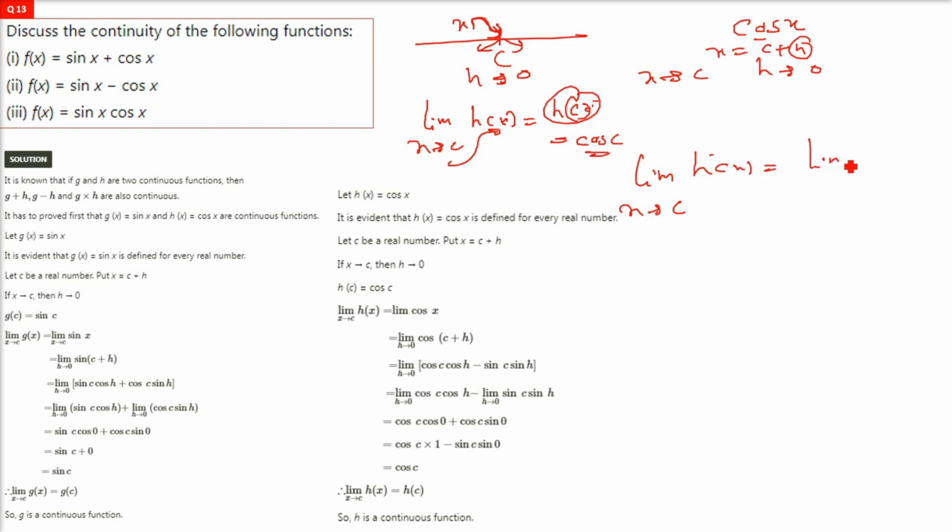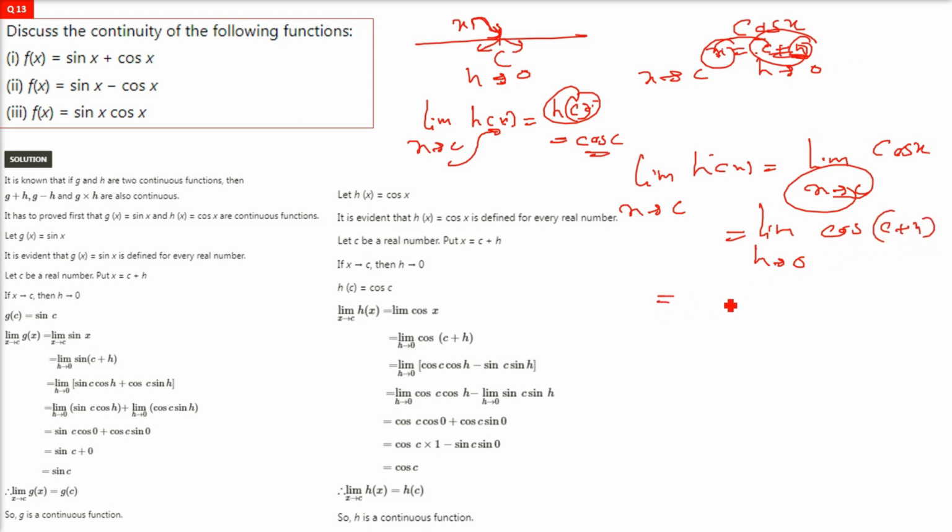So this will be limit x tends to c of cos x, and in place of x we put c plus h. When x is tending to c, that means h is tending to 0. So limit h tends to 0 of cos(c plus h).